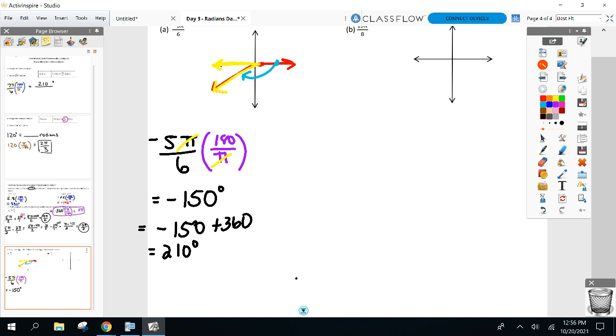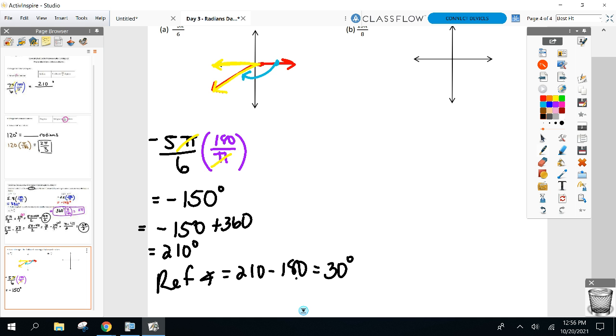Or 90? 360? I'm in the third quadrant. Subtract 180. 210 minus 180 is a reference angle of 30 degrees.